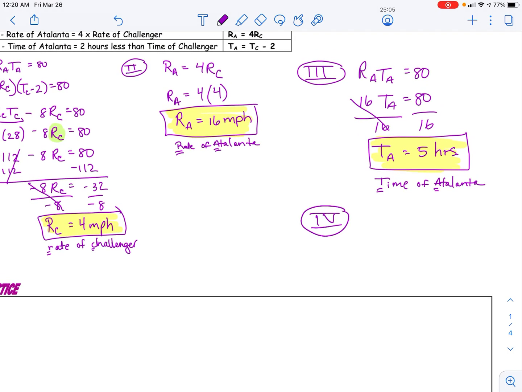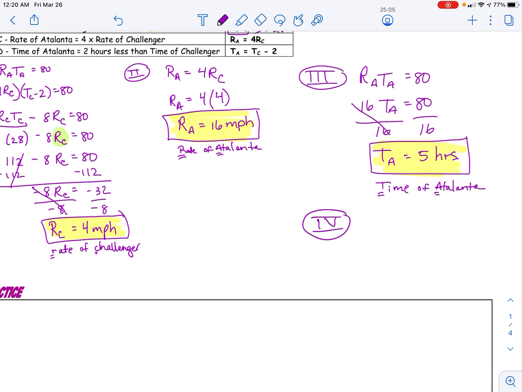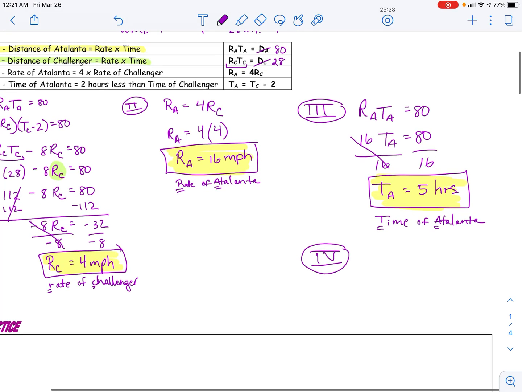We need to figure out the time of the challenger. What do I have? R C, R A, T A. Okay, so I need the time of the challenger.